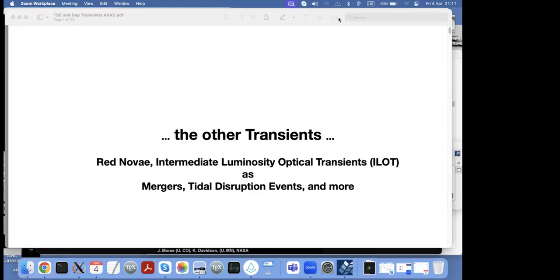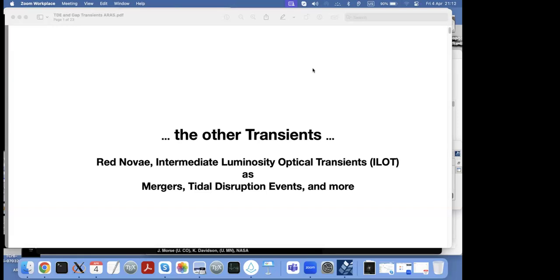So I want to start with a class of objects that you know very well. They're called W Ursae Majoris stars. These are stars on the main sequence or extremely near it, below the terminal main sequence, that happen to be close enough together that they do something that's extremely antisocial. They kind of form a common envelope. And that term means that there's a photosphere that completely covers the two stars.